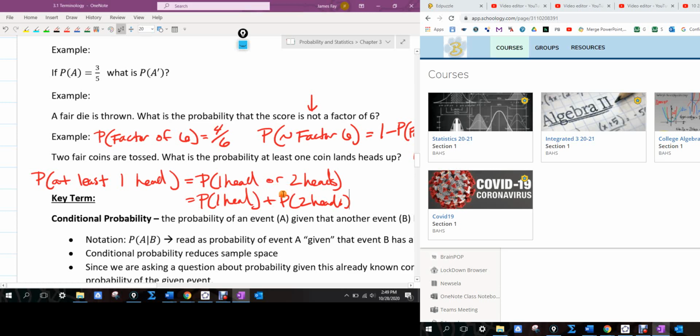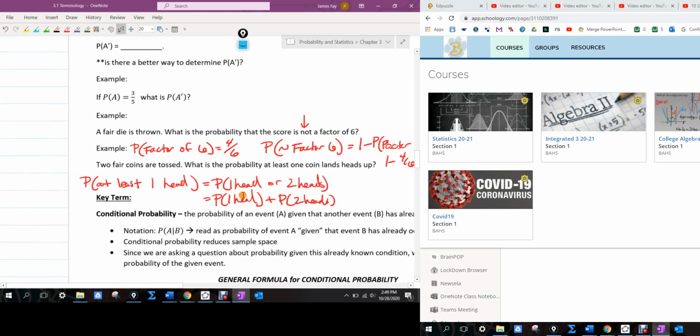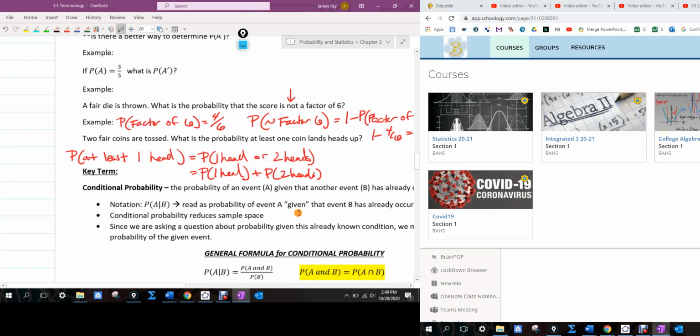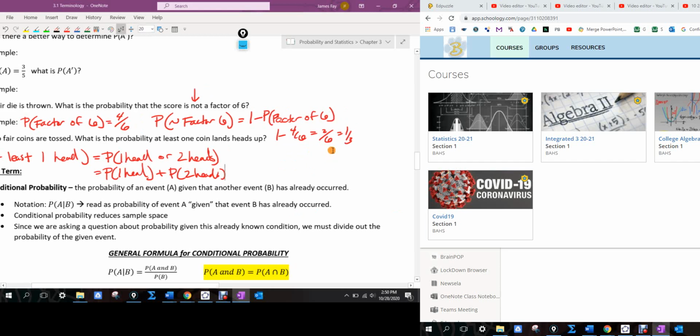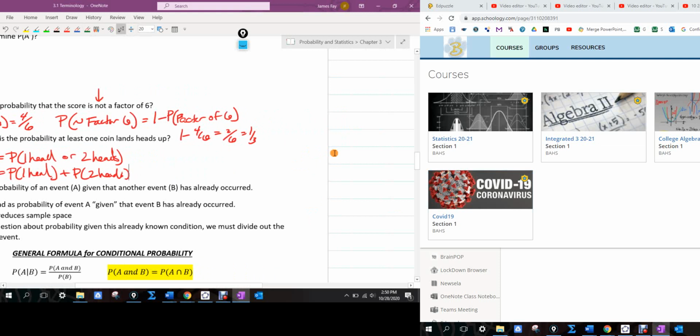If I want to look at my sample space for flipping two coins, it's kind of weird the way our text does this. We're going to have to develop sample spaces using tree diagrams, but our text doesn't really explain that approach until the last section of this chapter.